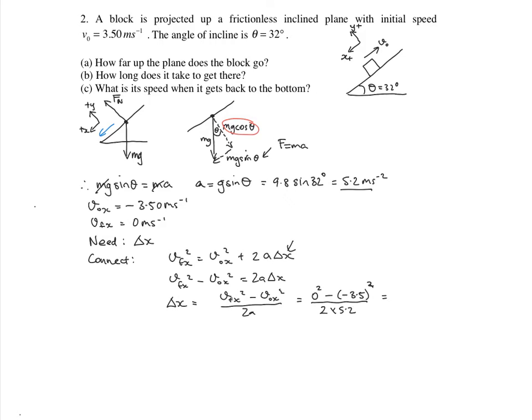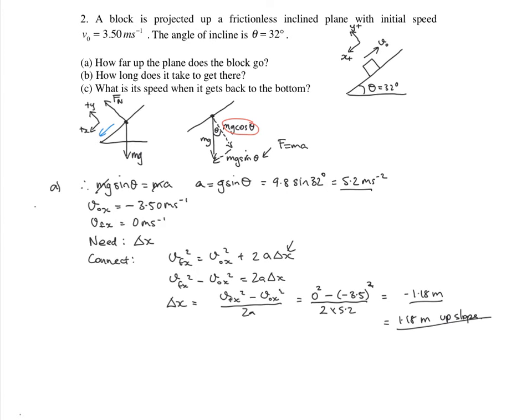And we get an answer there of negative 1.18 meters. That means that if downwards is positive, we have a displacement or a change in our position up the slope, and if we assume we started at 0, we're going to end up at a position that is 1.18 meters upslope. That's the answer. So that's the answer for A.